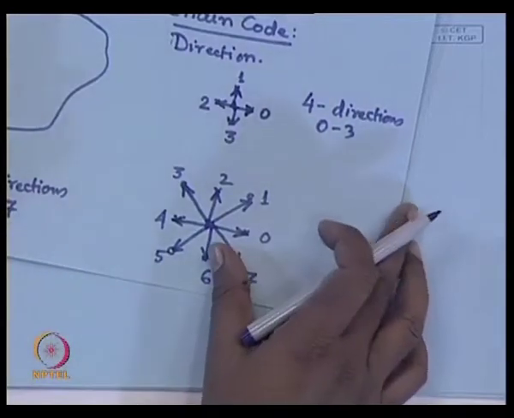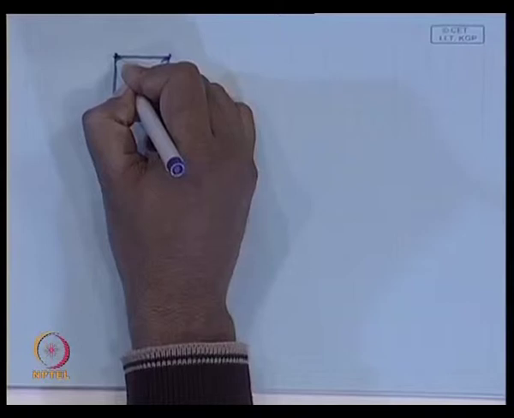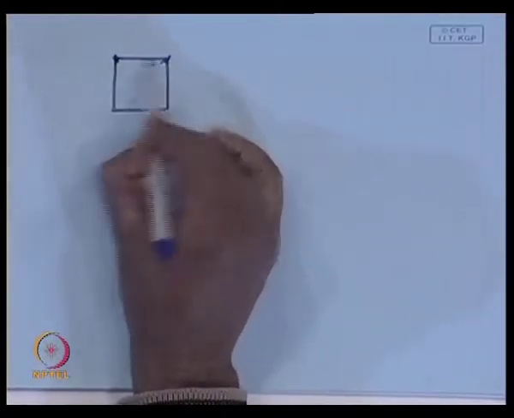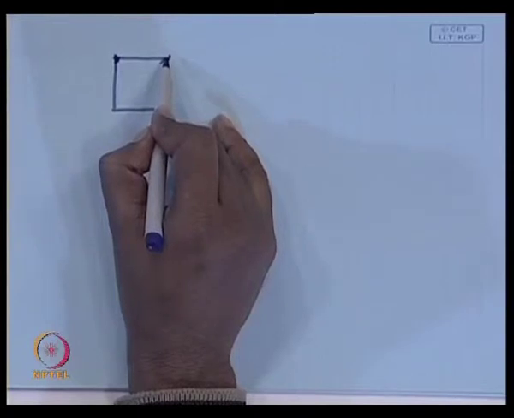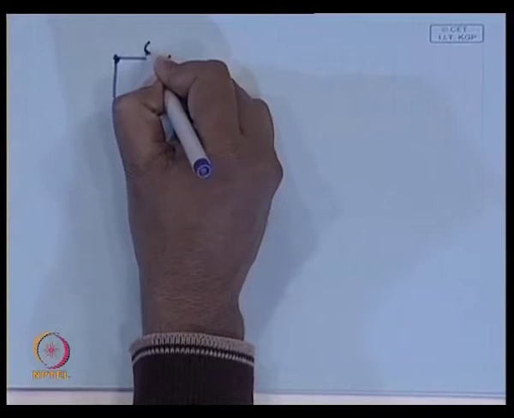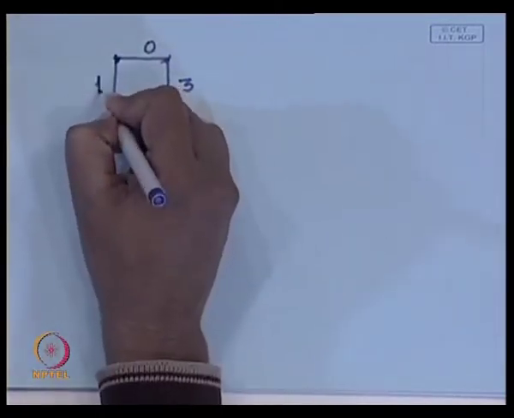Okay. So, following this 4 connectivity and taking this as the starting point, the chain code for this particular figure, assuming that every side length is of unit length, will be 0, 3, 2, 1.